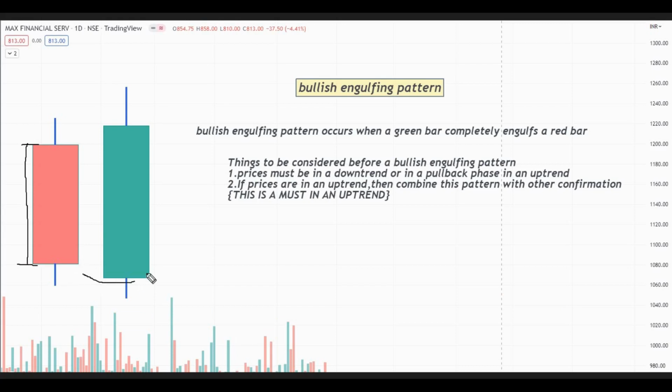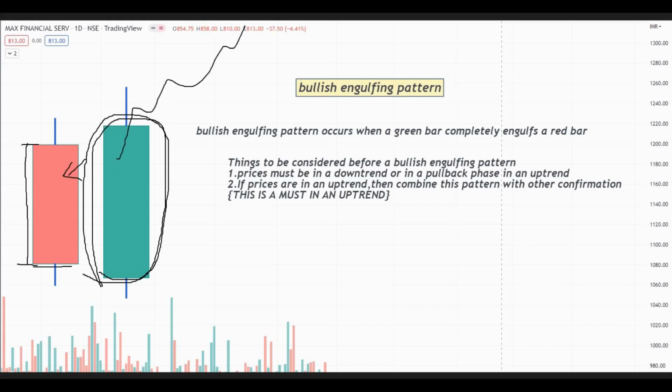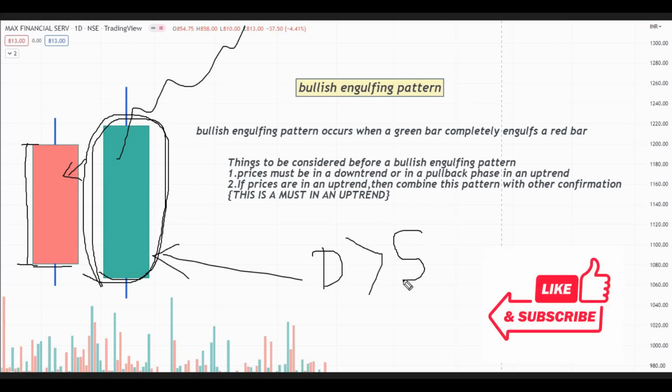Buyers again pushed the prices aggressively towards the upside after huge selling pressure in the previous candle. So this indicates that bulls have completely dominated the bears in the previous candle and now prices are ready to move towards the upside. This is an indication of demand overcoming supply in the markets.